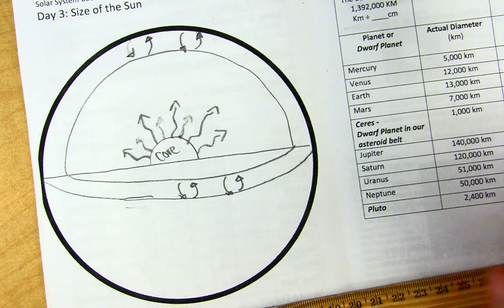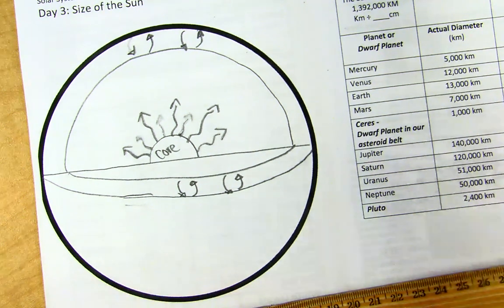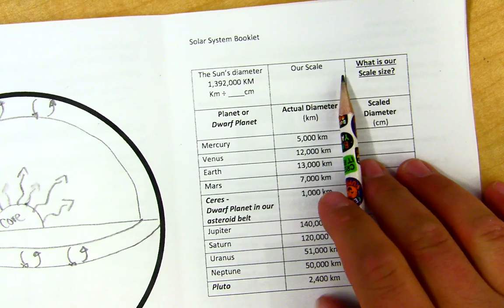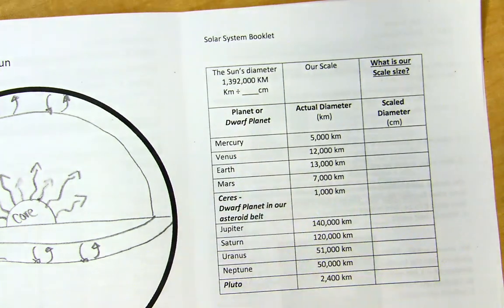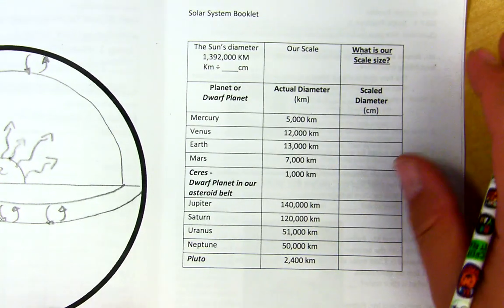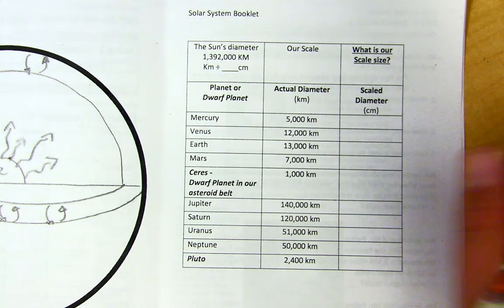Okay, next thing I want you to do. We're going to put our planets right up next to our sun here. And to do this, we're going to look right up here, and we're going to set up our scale. Now, scale has to do with whenever we want to make a model of something, we have to create what's called a scale.